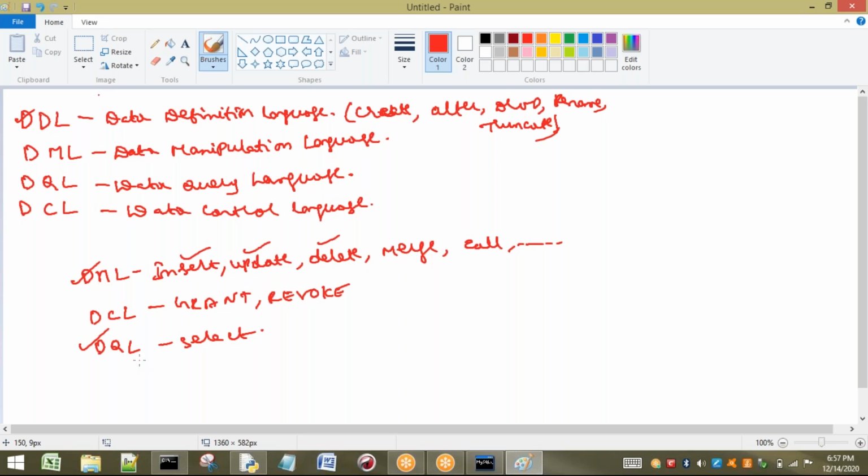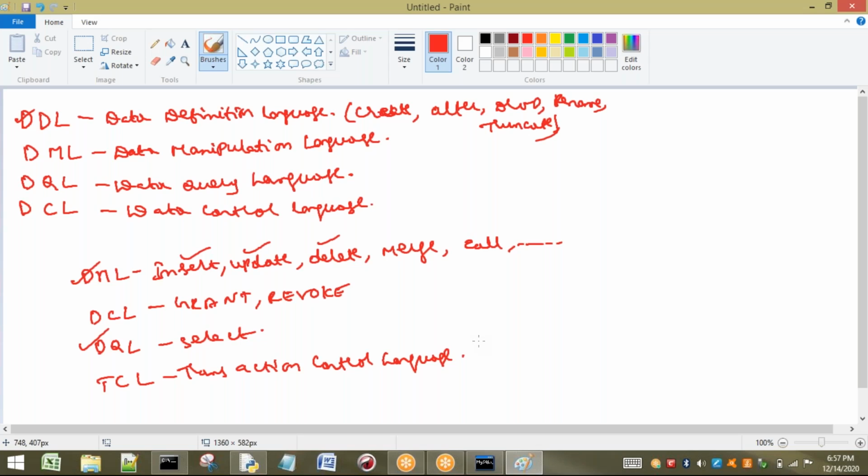So we can also have one more, that is TCL. TCL is called transaction control language. So here generally it is going to deal with transactions with the database. Okay, it deals with what? It deals with transactions within the databases.